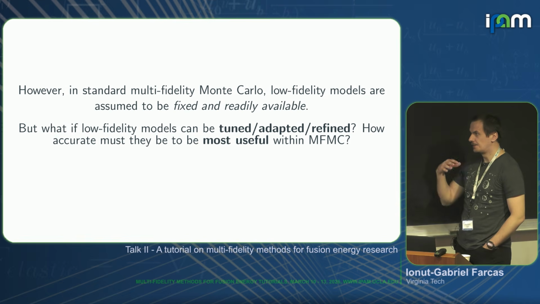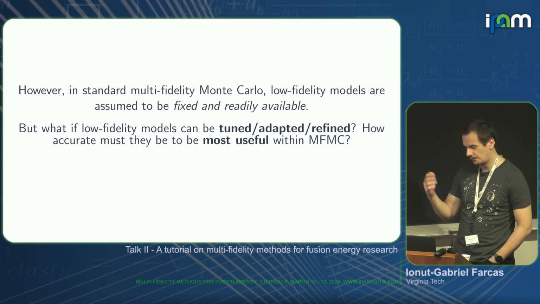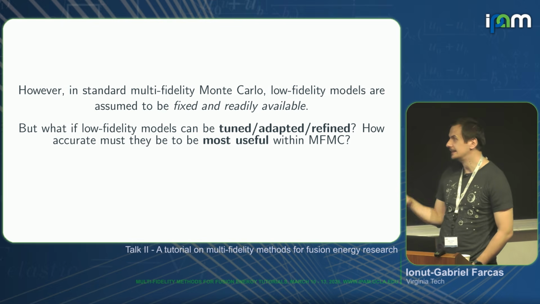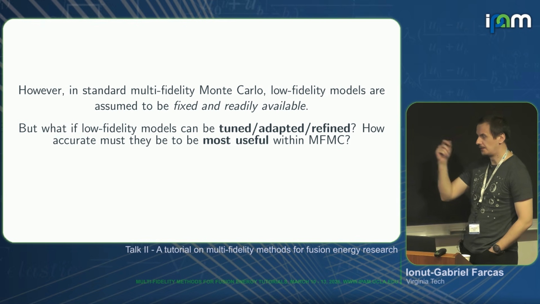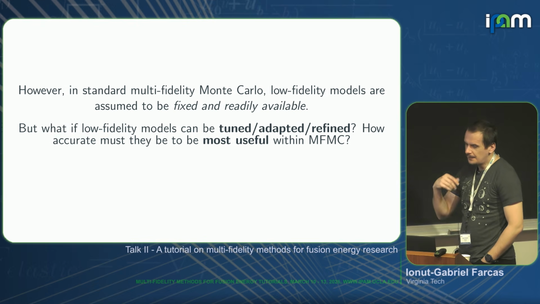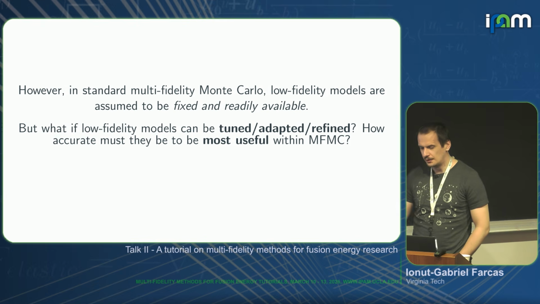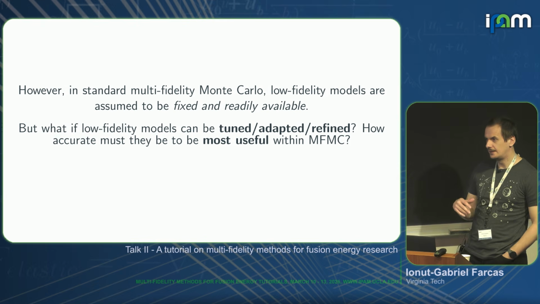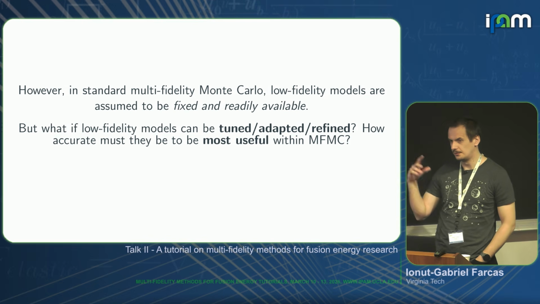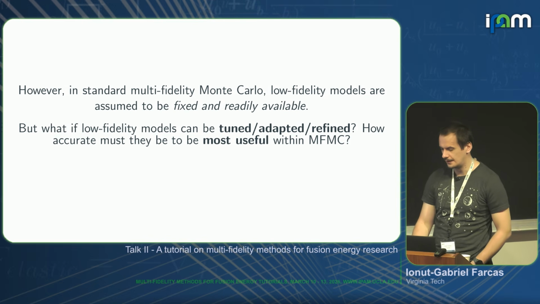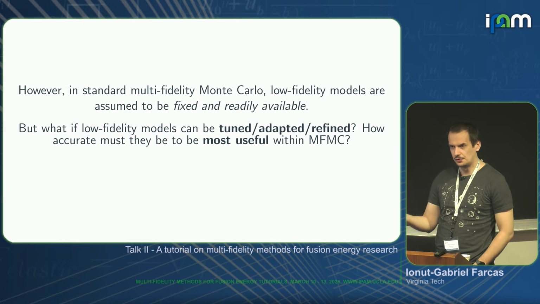If you just guess that, of course, you can train the network, compute the correlation coefficient, and use this algorithm. But it would be really great if you knew how much training data you would need to construct a low-fidelity model to be useful within this algorithm. This is what I'm going to show you next.